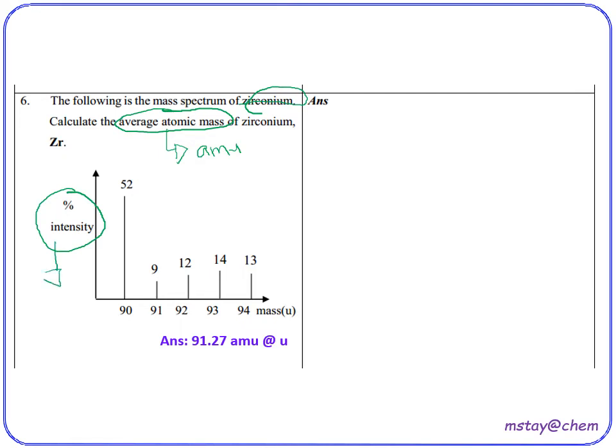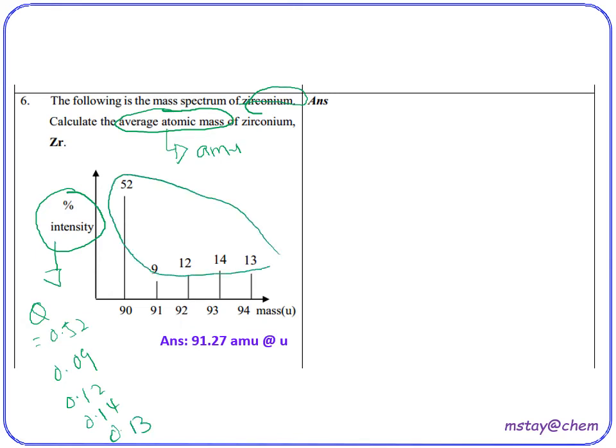If we want to convert it to fractions, the ki can be equal to 0.52, 0.09, 0.12, 0.14, and also 0.13 when I convert all these numbers from percentage. I believe you can do it yourself, so I will not show you the calculation. So this is the final answer.